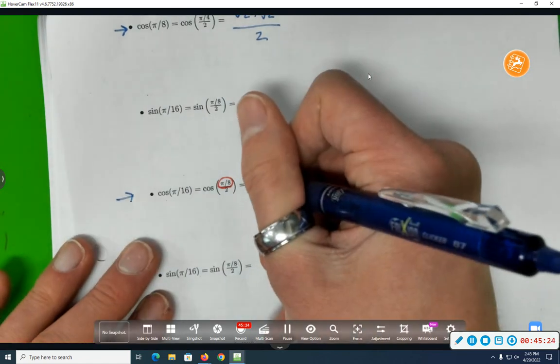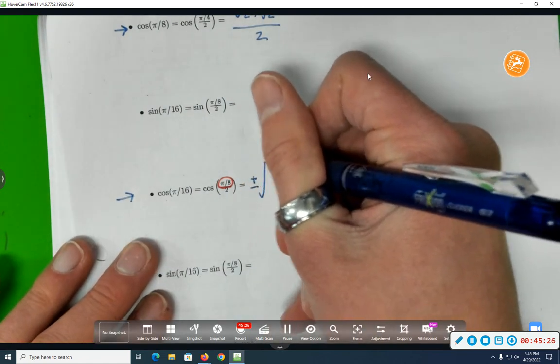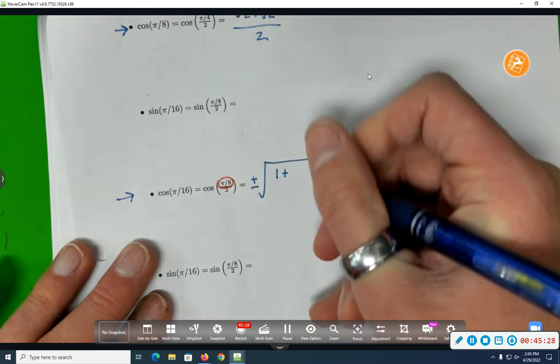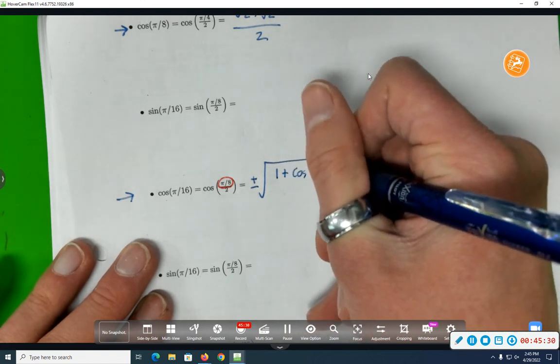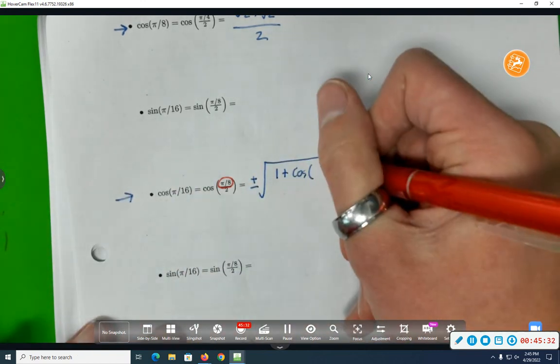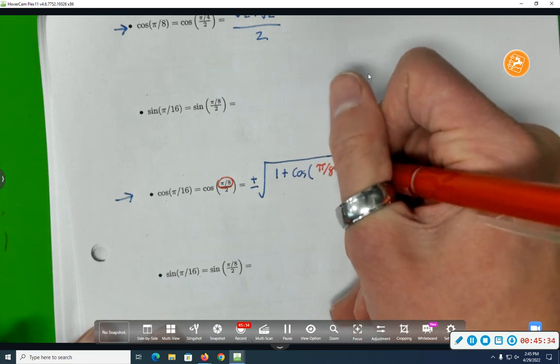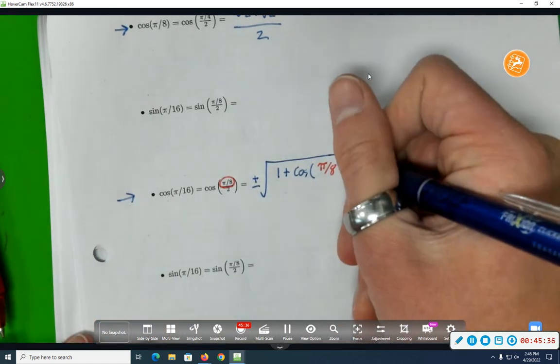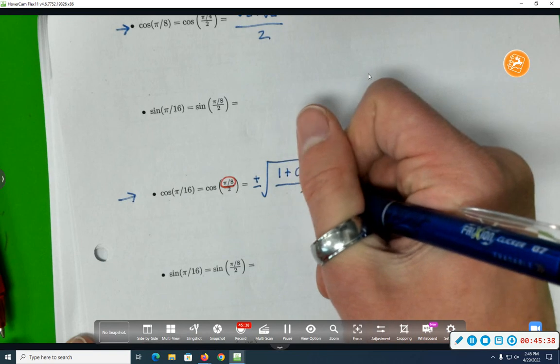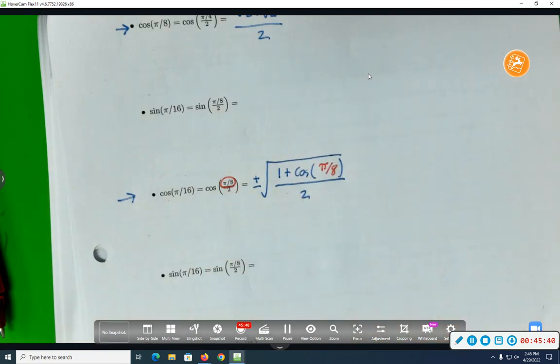This will be plus or minus the square root of 1 plus cosine of pi over 8, all that divided by 2. By 2 lines above, what's the cosine of pi over 8 the same as?